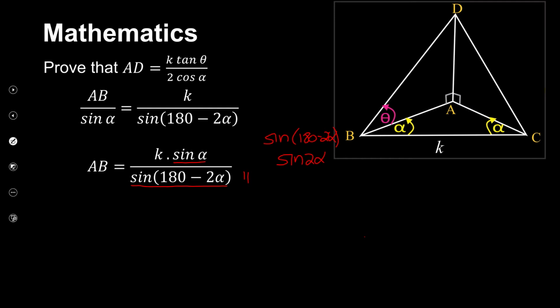So this whole expression is just going to become sine of 2 alpha. And now we have an expression for AB, and AB is equal to k sine alpha over sine 2 alpha. Now remember, we started off where we wanted to substitute AB to find AD.